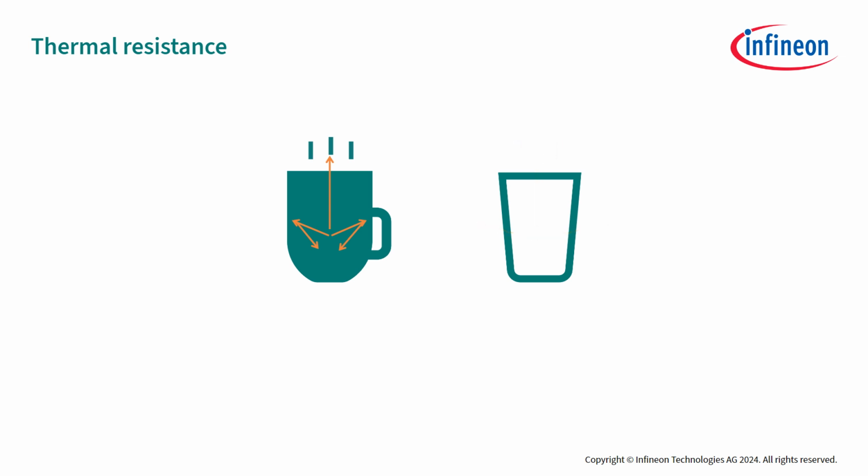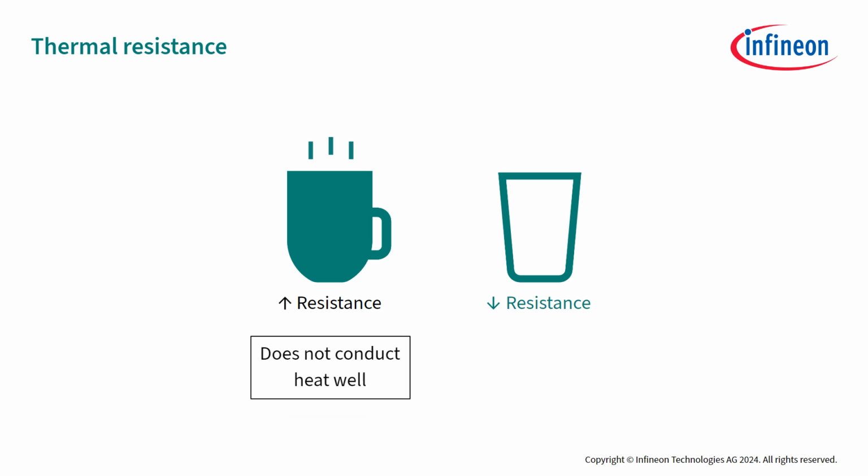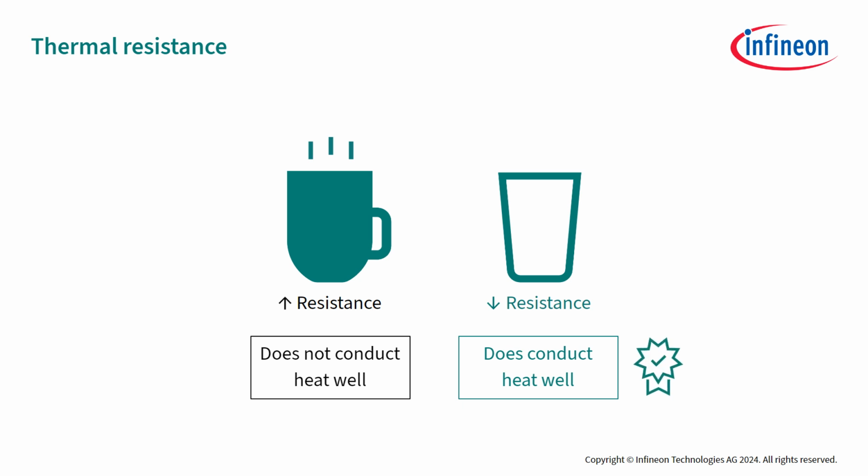The ceramic material's ability to block the heat from dissipating into the air defines its higher thermal resistance compared to the glass material, which allows the coffee to cool off faster, thus having a lower thermal resistance. In summary, a high thermal resistance means the object does not conduct heat well, and a low thermal resistance means the object does conduct heat well. And since with MOSFETs we want to remove heat, a low thermal resistance is better than a high one.